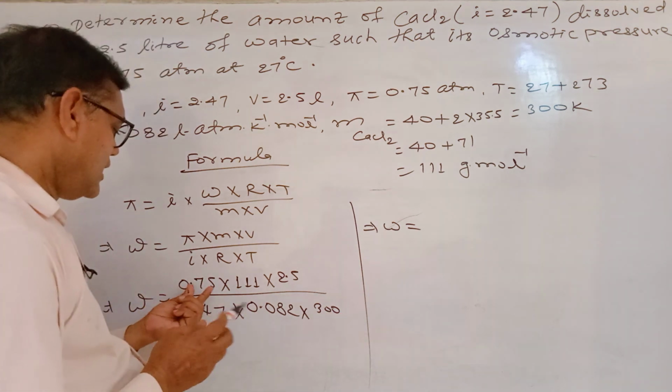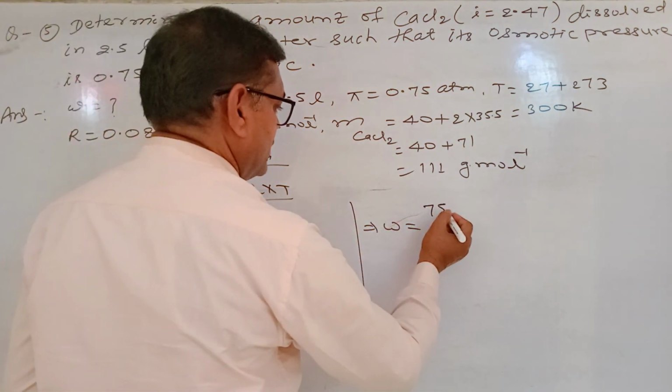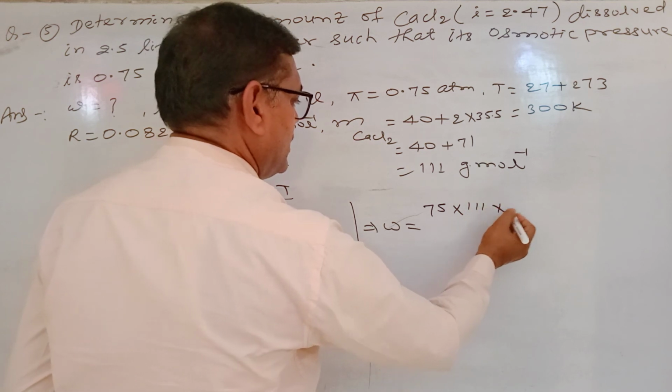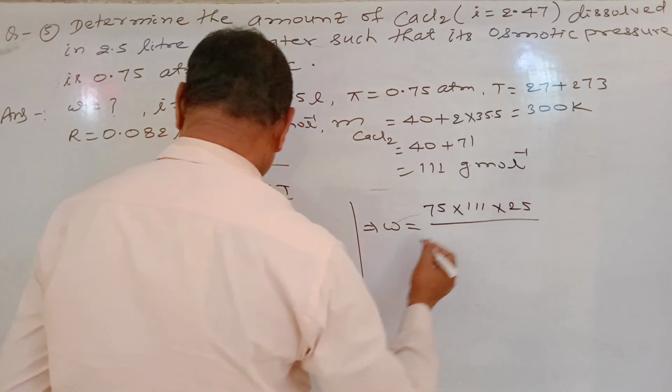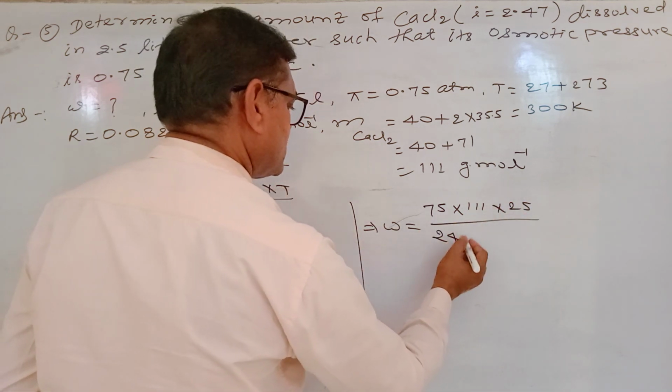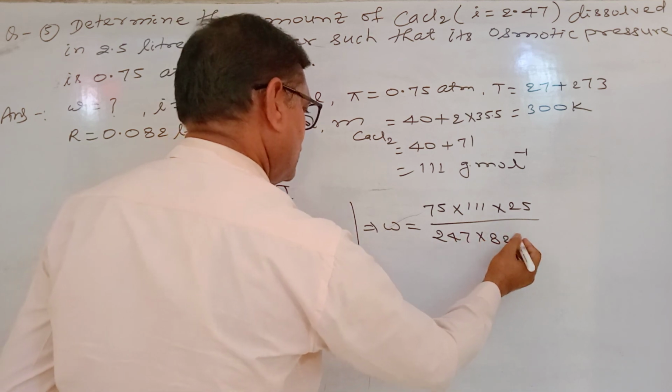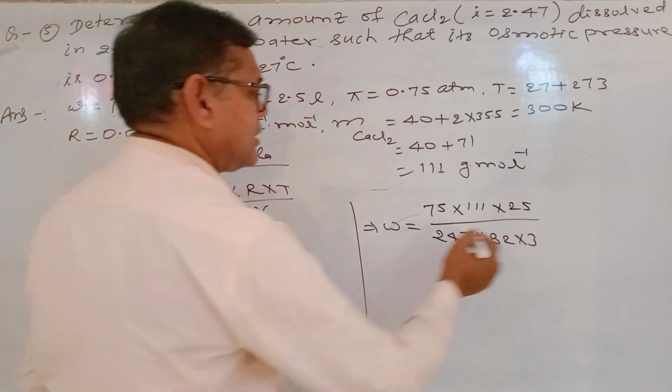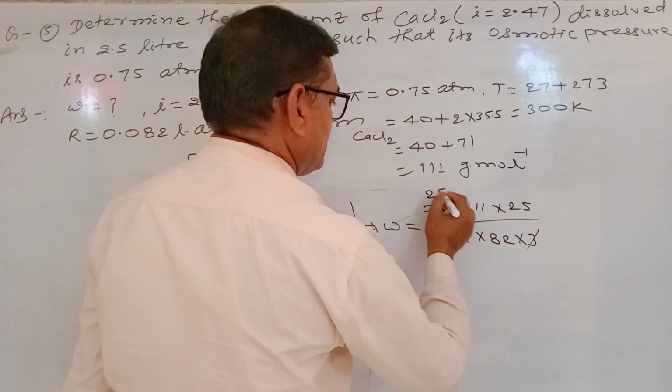Therefore, we write 75 into 111, 25 into 247 into 82 into 3. Here we write 25.